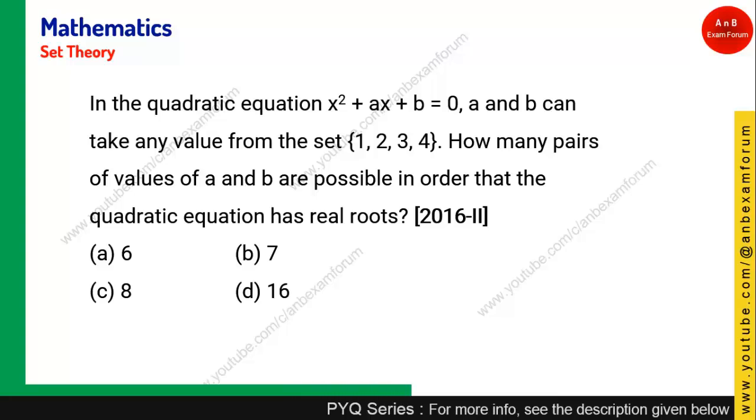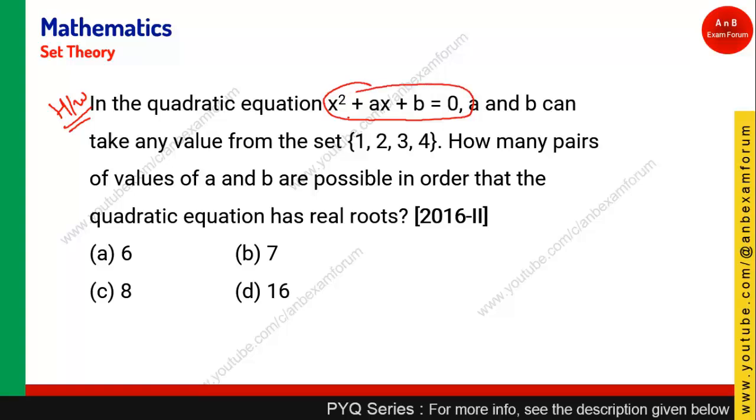Students, this question is a very tricky one. I am giving this to you as homework, but I will definitely give you a hint. This is the equation, and for the equation to have real roots, you remember that b square minus 4ac should be greater than 0. But here this variable makes it confusing.